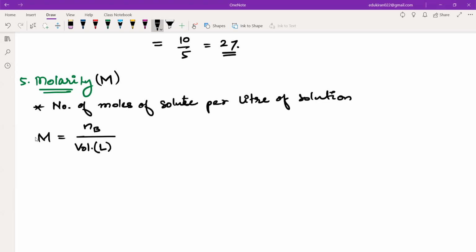So the unit will be something like this, mole per liter, or you can also write this as mole per decimeter cube, dm cube.